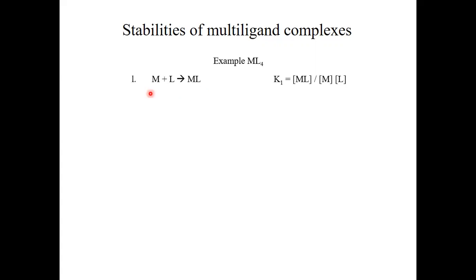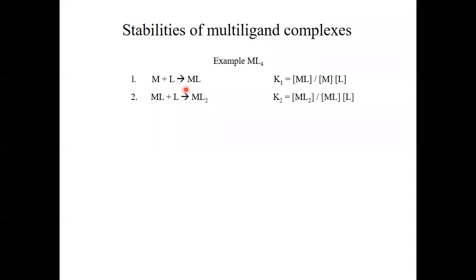Then in the first step, we would add the first ligand to the metal, and that would be associated with a stability constant, K1, which would be given by the concentration of ML over the concentration of M times L. Then to this species here, we can add a second ligand, which would form a complex of the type ML2.